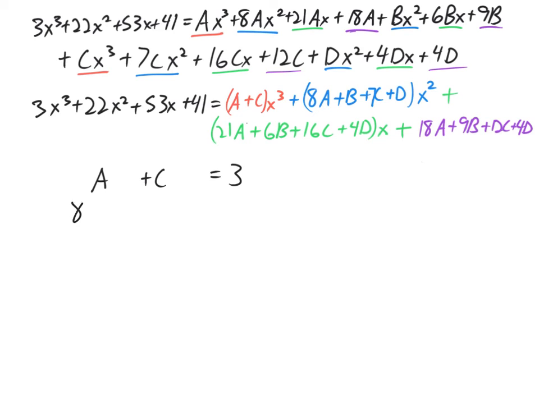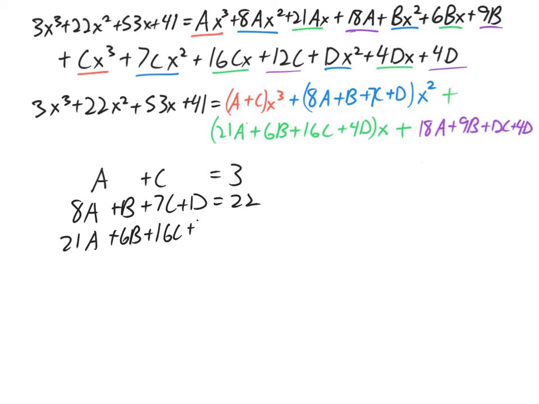So I have 8A plus B plus 7C plus D equals 22. And then 21A plus 6B plus 16C plus 4D equals 53. And then 18A plus 9B plus 12C plus 4D equals 41.